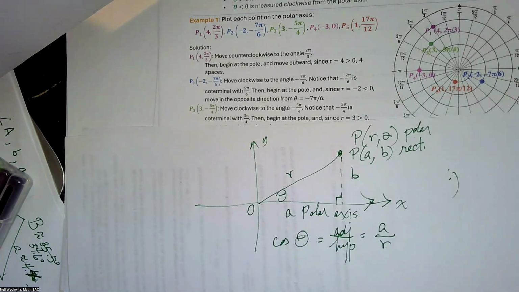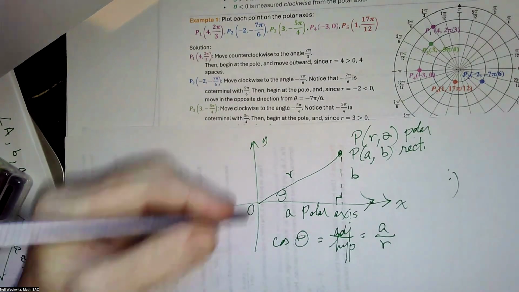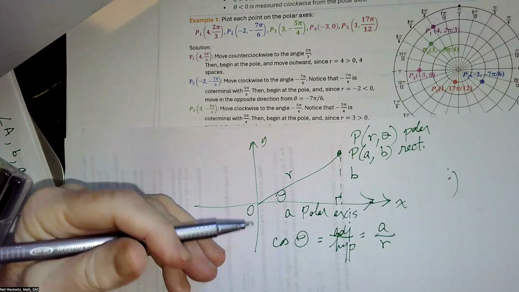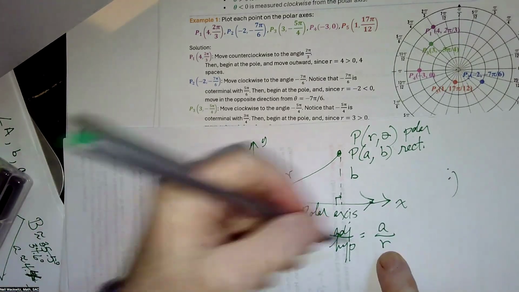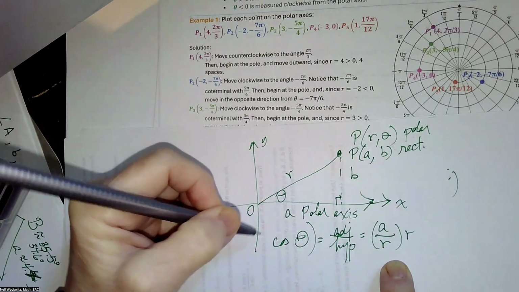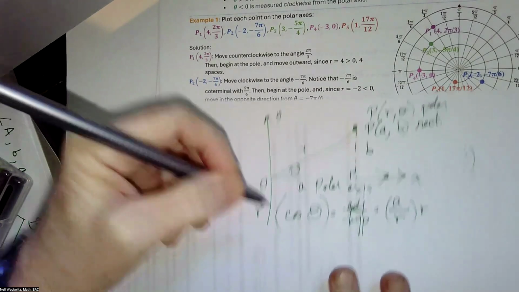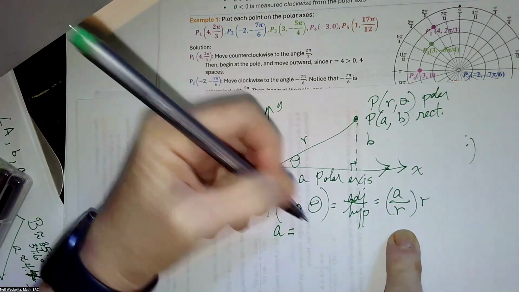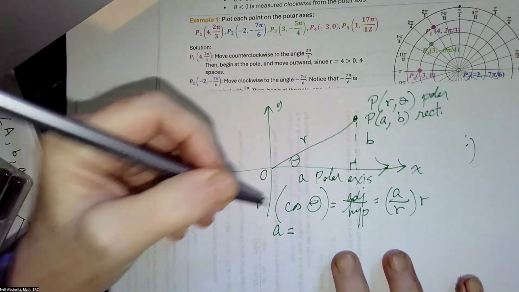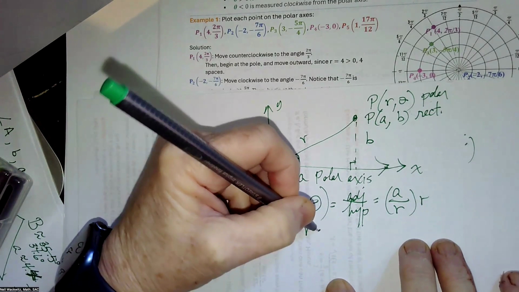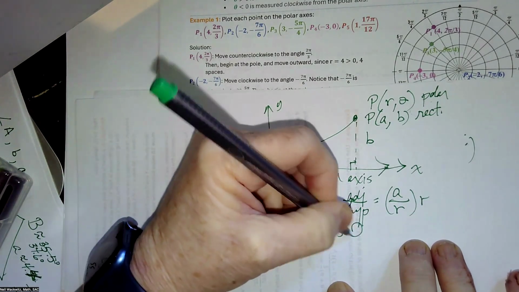But I'd like to solve for little a so that if I start in polar coordinates, I can get to rectangular. I'm going to multiply both sides by little r. And we get that little a, or x, however you set it up, will be equal to r times the cosine of theta.